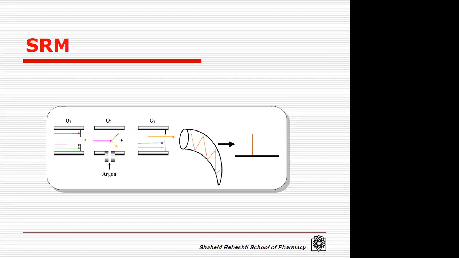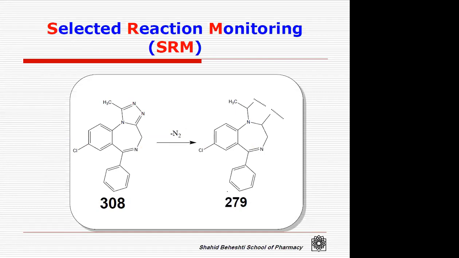What we are doing in selected reaction monitoring is monitoring the process of transformation of a structure to its fragments. For instance, if you have a compound like, can we have the next slide? Look at this structure. The compound has a molecular weight of 308.